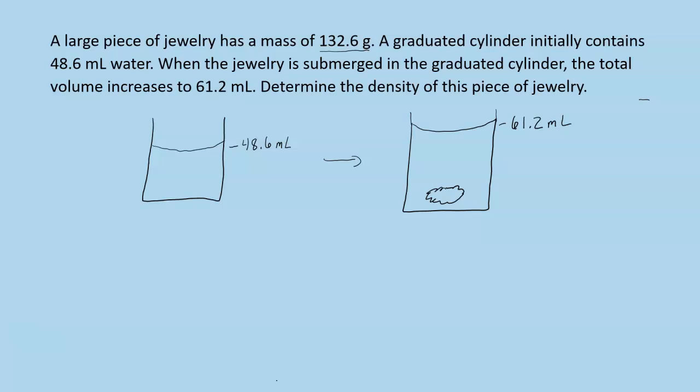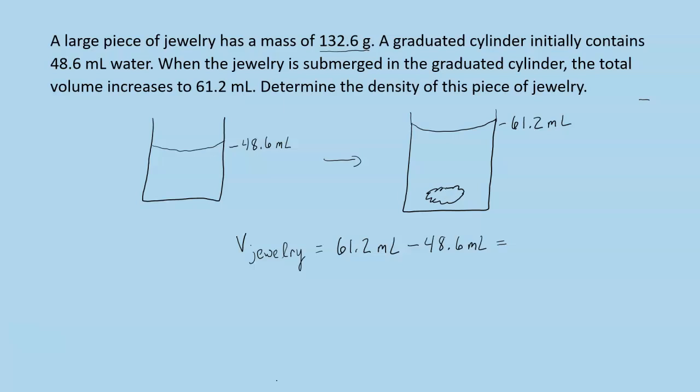We also need the volume of the jewelry, and the way we determine that is what we call volume by displacement. To determine the volume of the jewelry, we're going to take the final volume of the liquid, that's your 61.2 milliliters, and subtract the original volume of the liquid to see how much was changed when we added the piece of jewelry.